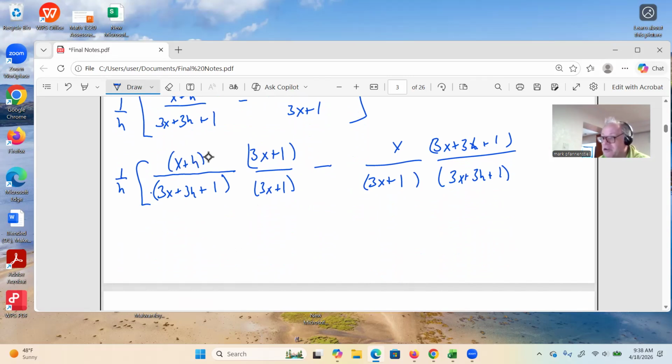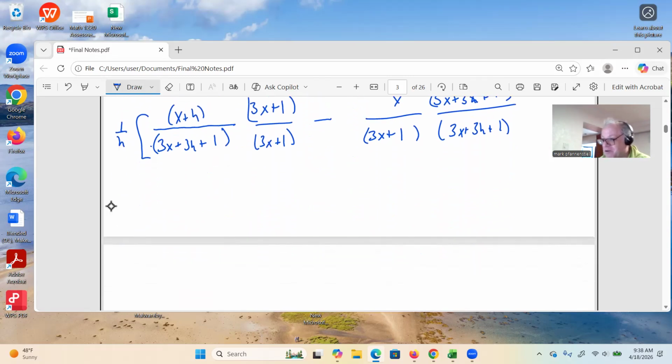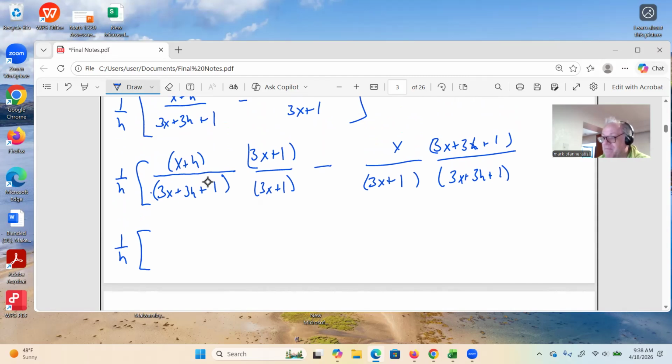So if you want to multiply out the numerators, here's your chance to show me how good you are at multiplying. So 1 over h times, okay, we have to FOIL out this top here, right? One of the things you learn in intermediate algebra is when in doubt, FOIL. So I've got x plus h times 3x plus 1. This is going to be 3x squared, right? That's x times this. We have a 3xh.